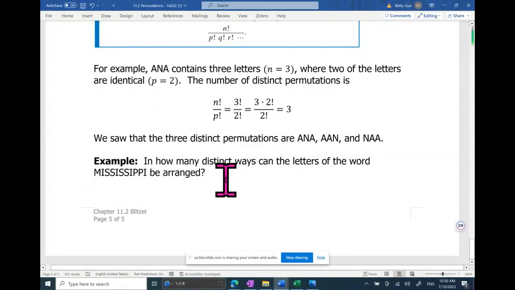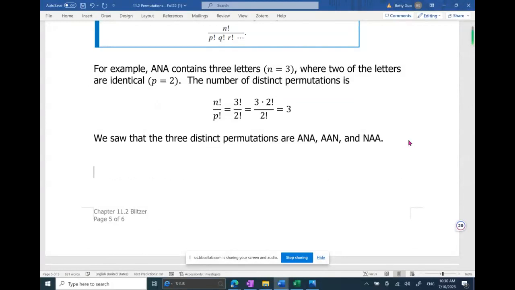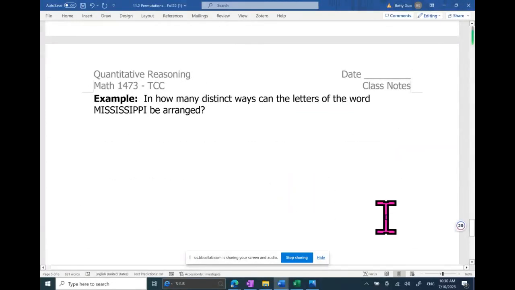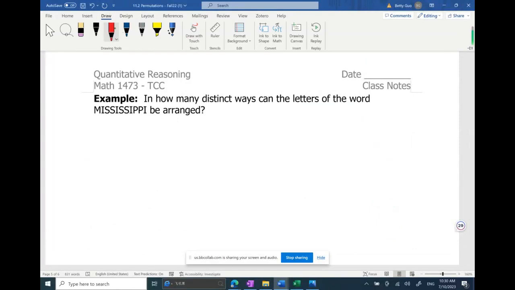Let's do the examples here. In how many distinct ways can the letters of the word Mississippi be arranged? Okay, so let's firstly pretend that in this word none of the letters are the same. For example, we have 4 I's.